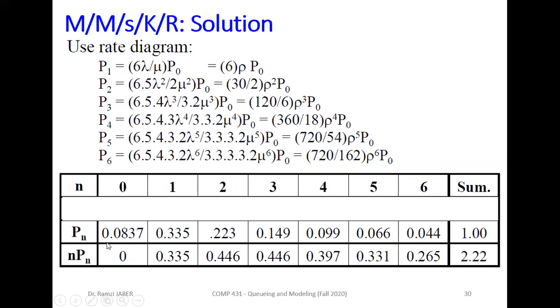So it is 0 times P0, 1 times P1, 2 times P2, 3 times P3, plus 4 times P4, plus 5 times P5, plus 6 times P6. Add them to get L. So 2.22 is LS, the average number inside the system. We can calculate it in this table.